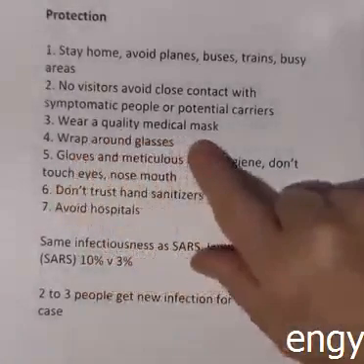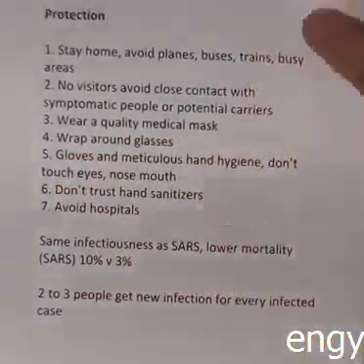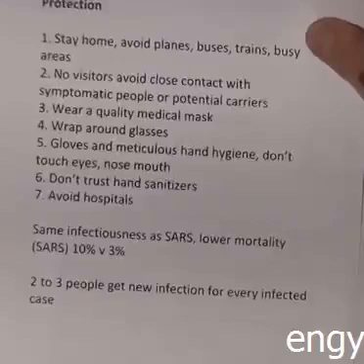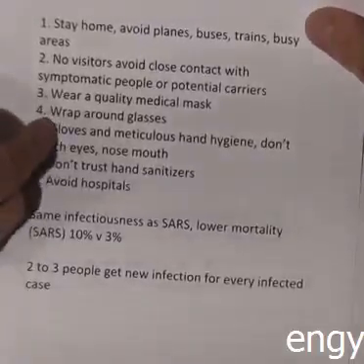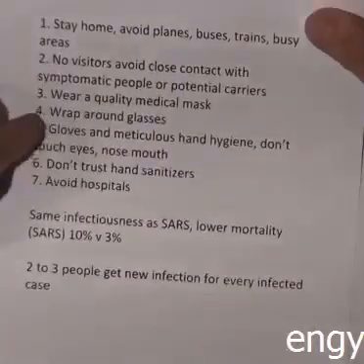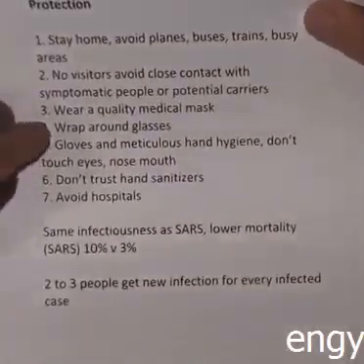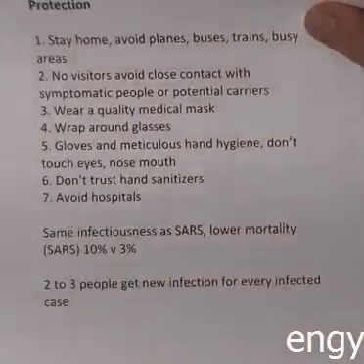Wearing good quality medical masks will give a degree of protection. That's all I'm saying, a degree of protection. And wrap-around glasses are going to be important, especially if you're a healthcare provider and you're being exposed to this virus, because remember, the droplets can go into the eyes as well as the nose and the mouth.